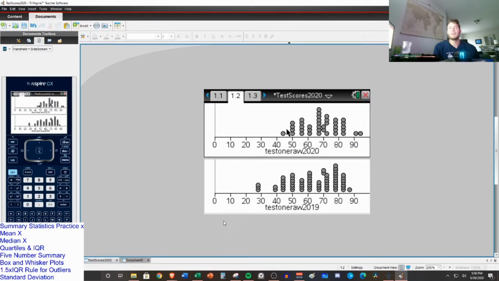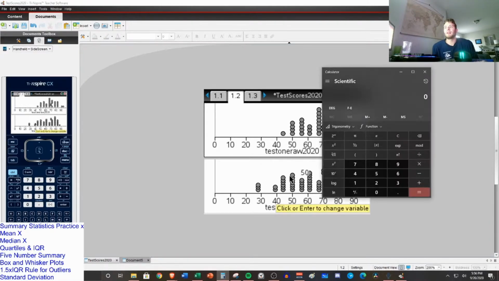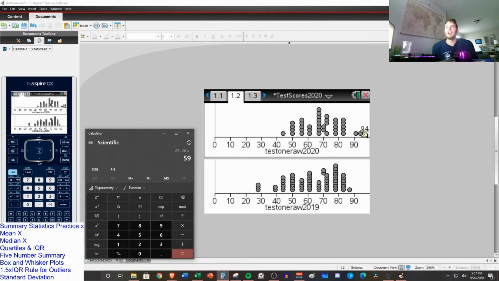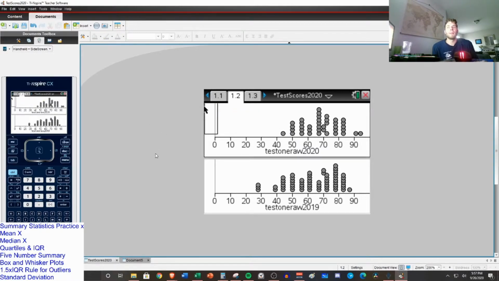Here are the distributions of the test scores that I had you do last time, where we graphed them. And when we look at the spread of these, if we use range, it goes from 87 to 28, which is, I think we already did this last video, 59 versus 84 to 44, so versus 54.